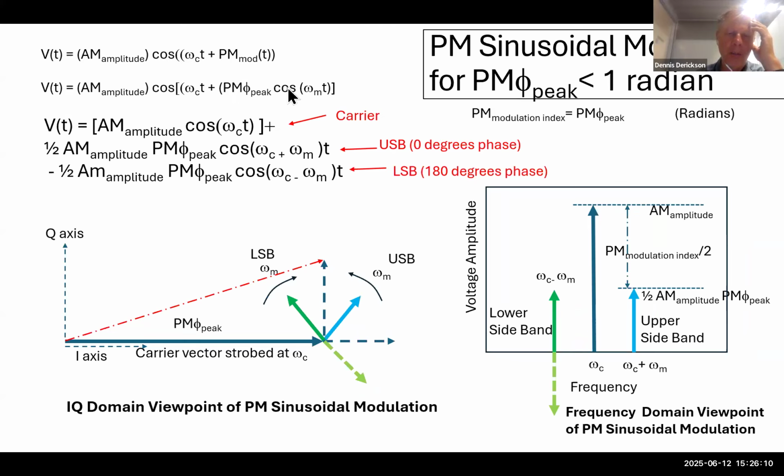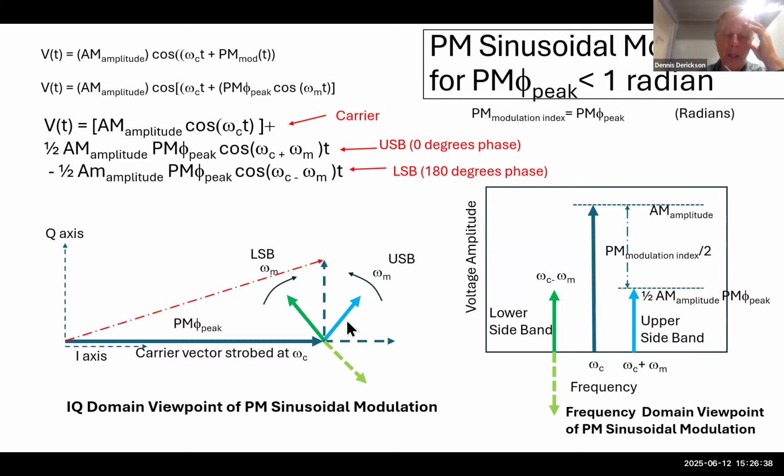We plug in the phase modulation form for the modulation frequency, and assume that the peak phase deviation is much less than 1 radian. If we do that, we get things very similar to AM modulation. We get the carrier frequency, an upper sideband, and a lower sideband, but we get this minus sign right here. So the lower sideband has a 180 degree phase shift.